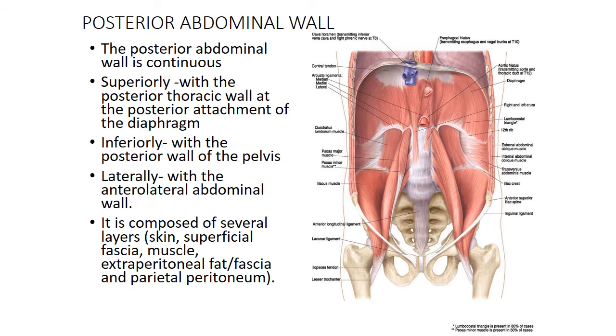And it is composed of several layers. Like the layers in the anterior abdominal wall, similar layers are there in the posterior abdominal wall also: skin, superficial fascia, a layer of muscles, then extraperitoneal fat and fascia, and the parietal peritoneum.